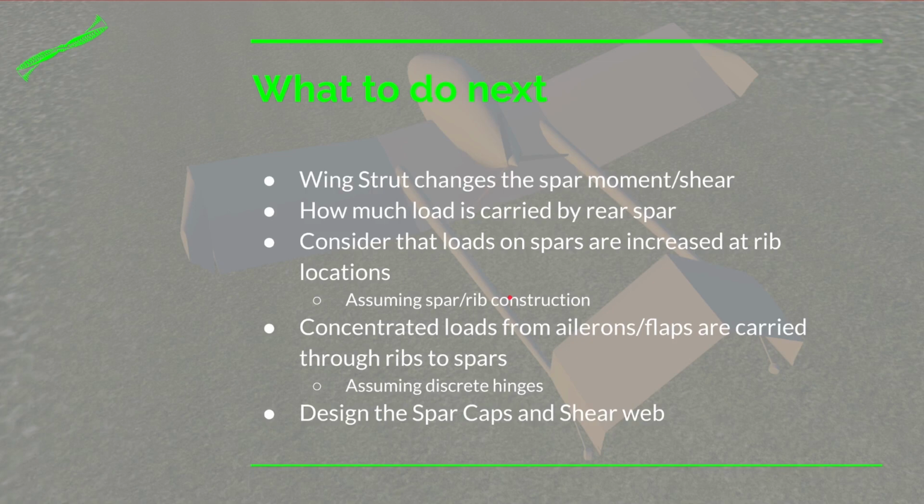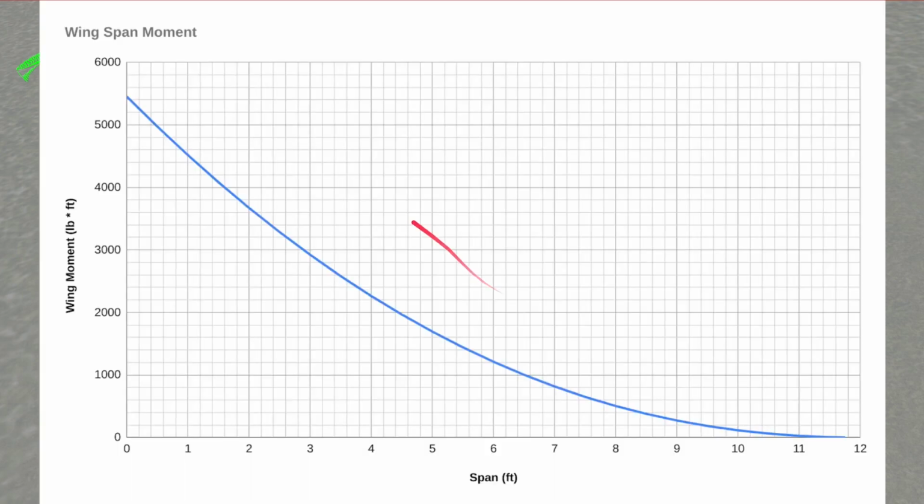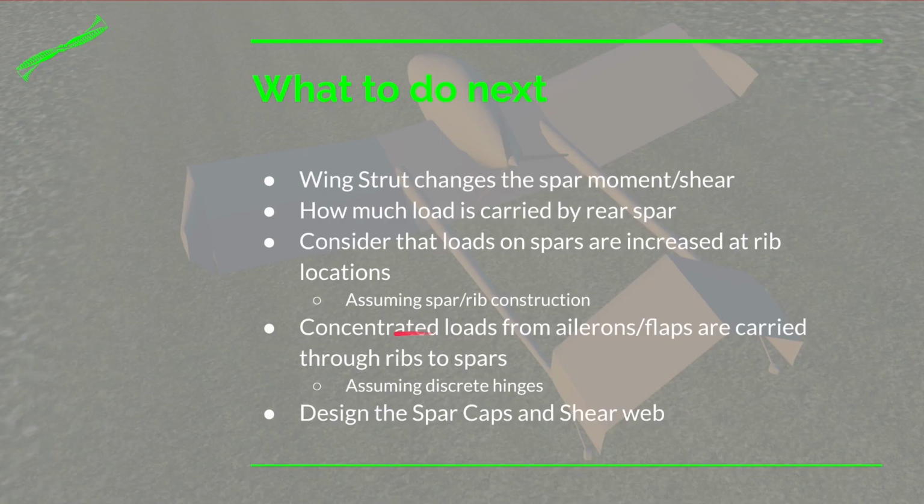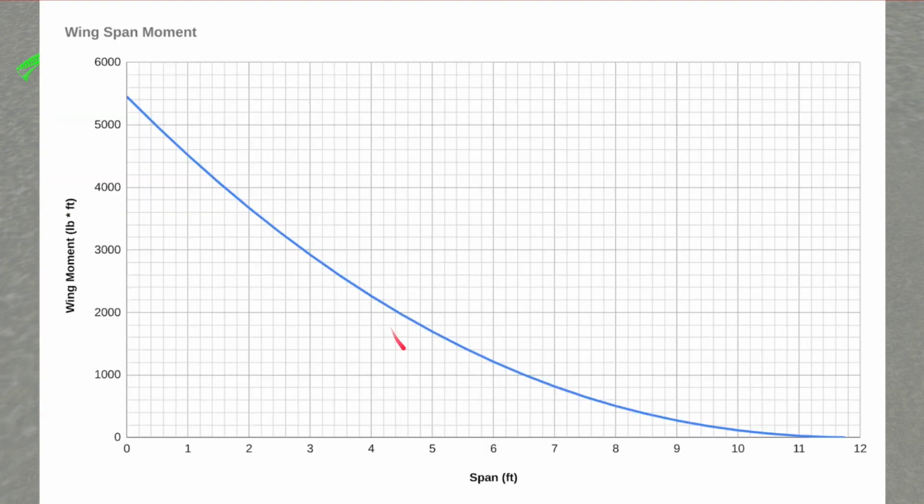Now, if you have something more like moldless construction, like on the Very Easy, then in that case, you do have a pretty smooth distribution here, except for our next point, where ailerons and flaps will add some point loads to your wing, which is going to change it just a little bit. In that case, wherever your ailerons and flaps attach, if you have small hinges, that'll make jumps here also.